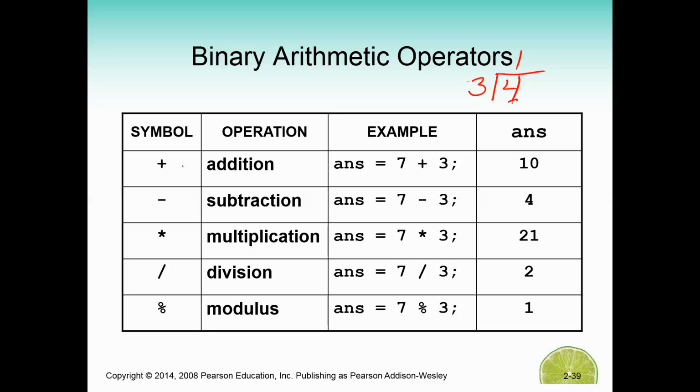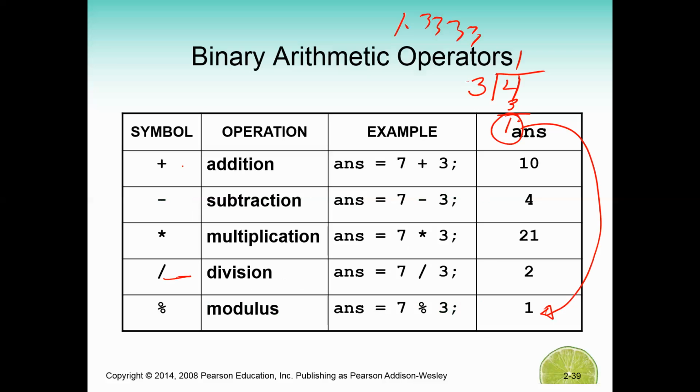So the result of the modulus is going to be 1. If I divide 4 divided by 3, the result of this operation, if it's division, is going to be 1.333333, right? Which is very different from just 1.